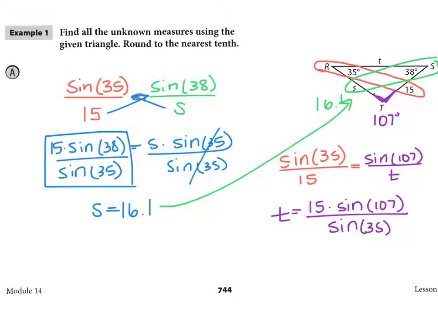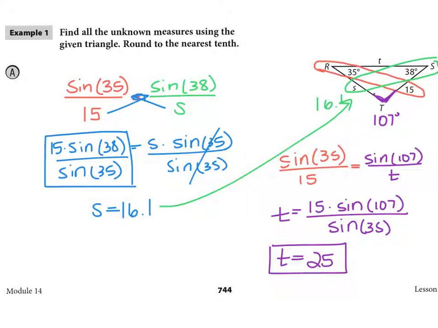All right, and when I did that this time, I got that t is going to be 25, and my calculator is giving me 25.00, so 25 is going to be the length for that last side.